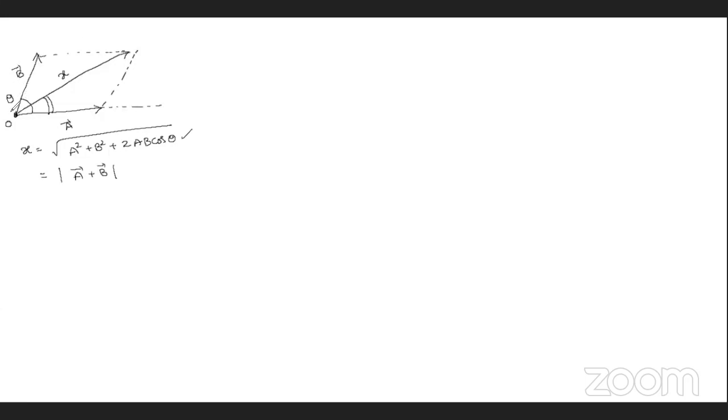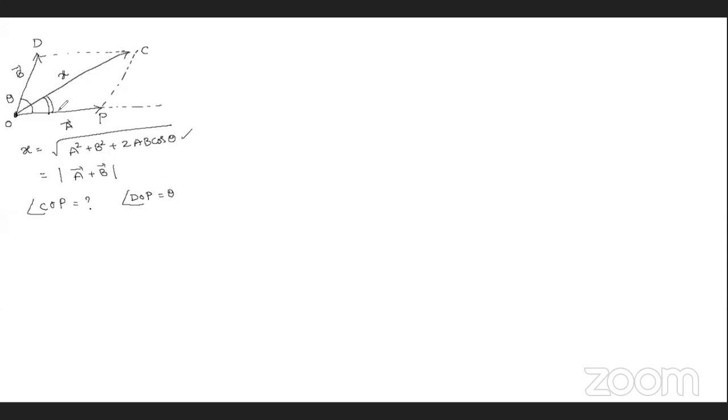If I give names like OA, suppose this is C and this is D, and if you give the name here as some P, I am asking what is the angle COP, whereas you know that angle DOP is equal to theta.